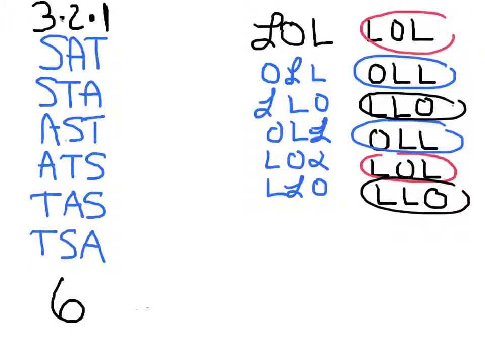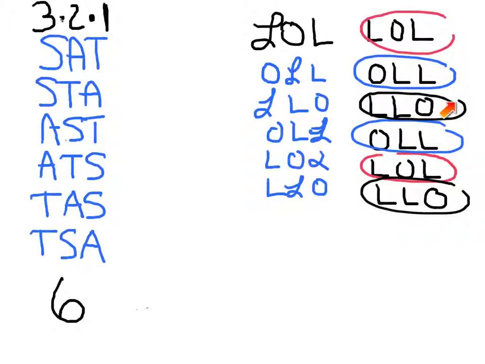But if I then took laugh out loud, now if you think about it, laugh out loud doesn't really have a fancy L and a regular L, it just has 2 L's. So it's not like the SAT question. If I rearrange the fancy L and the regular L and make them look the same each time, I end up with these 2 being the same combination, these 2 being the same combination, and these 2 being the same combination.